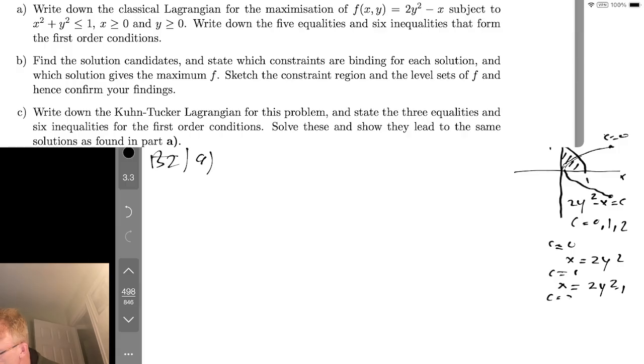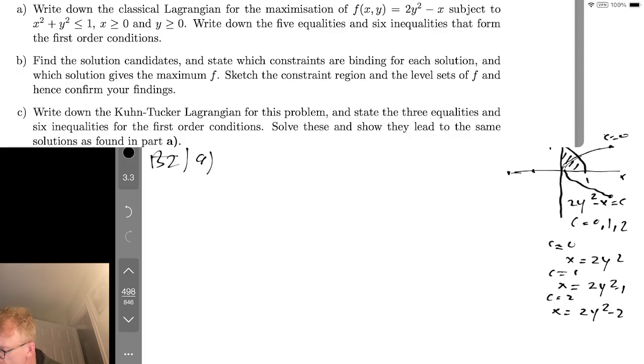C is 2 gives us x is 2y squared minus 2. So then we start here. So x is minus 2 for y is 0. Oh, it's too high. So they seem to be going this way.